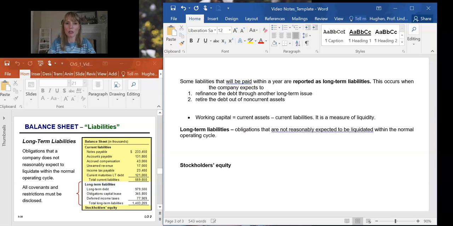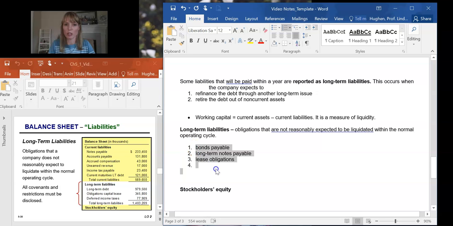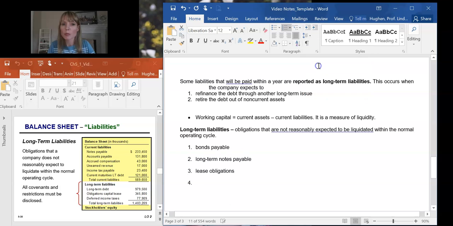Okay, so some examples of long-term liabilities: bonds payable, long-term notes payable, lease obligations. If a company enters into a lease for a facility, rather than actually buying the plant, property, and equipment, it might lease the plant, property, and equipment, in which case it owes a certain amount, like a rental payment, rental obligation.